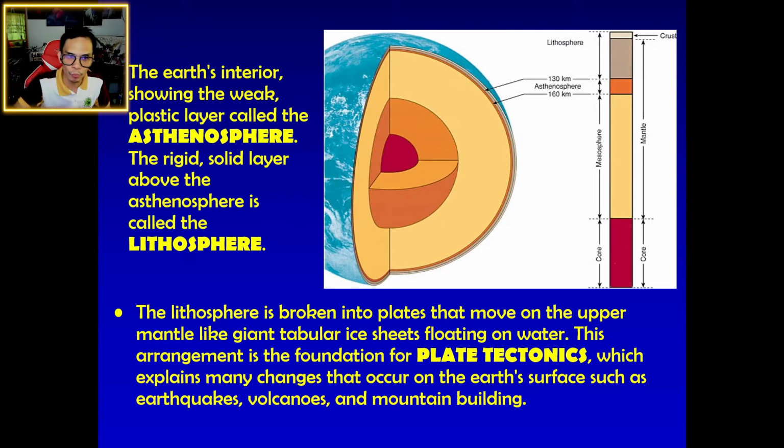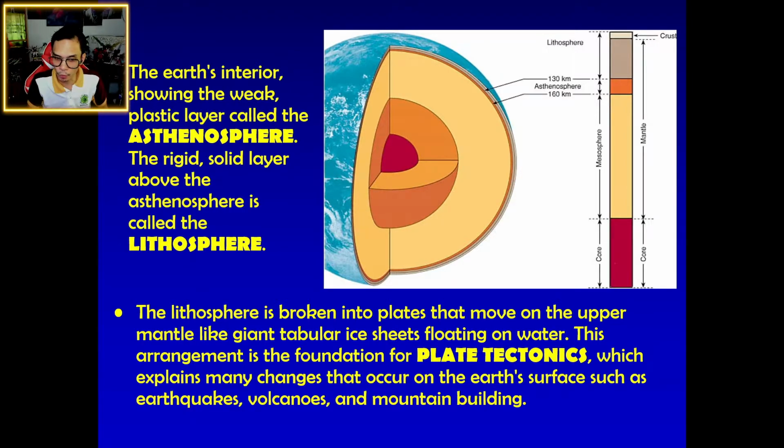And on top of it, there is a layer called the lithosphere, and the lithosphere is made up of layers of crust and upper mantle. So this lithosphere is the foundation of plate tectonics. That will be a video for another day. And plate tectonics is the main factor of changes here on the Earth's surface.